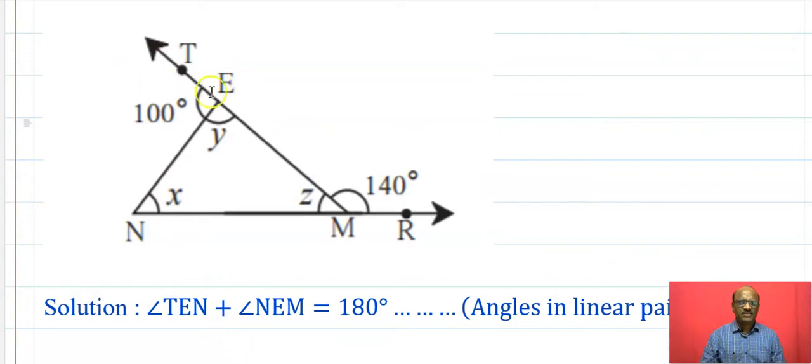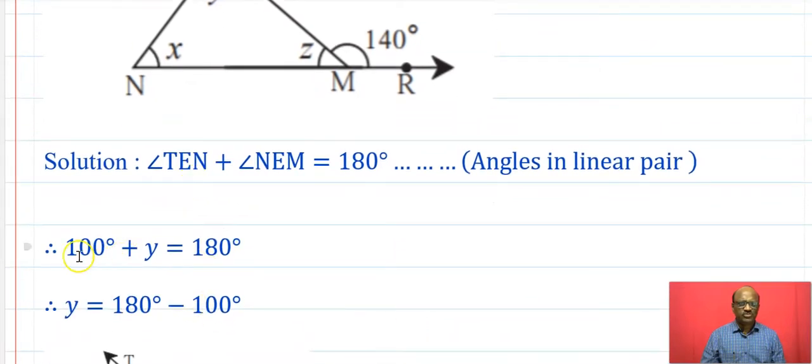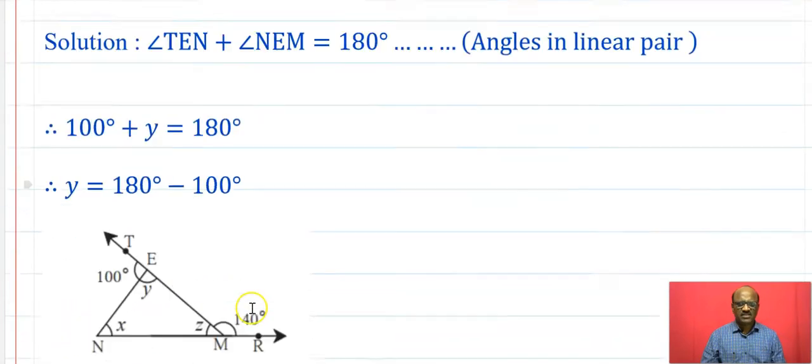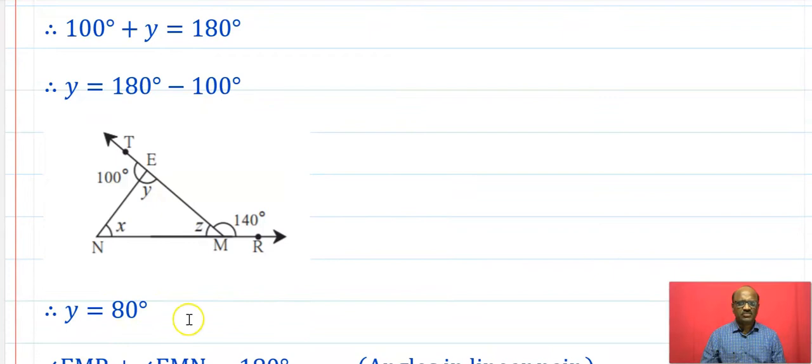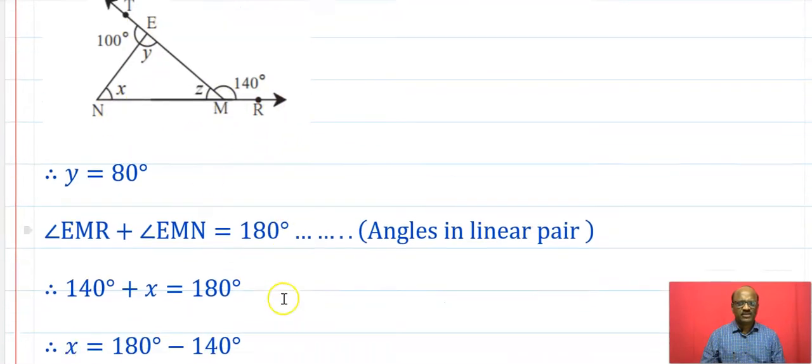Measure of angle TEN plus measure of angle NEM is equal to 180. Substitute: 100 plus Y is equal to 180. Therefore, Y is equal to 180 minus 100, that is Y is equal to 80 degrees. Next, measure of angle EMR plus measure of angle EMN is equal to 180.